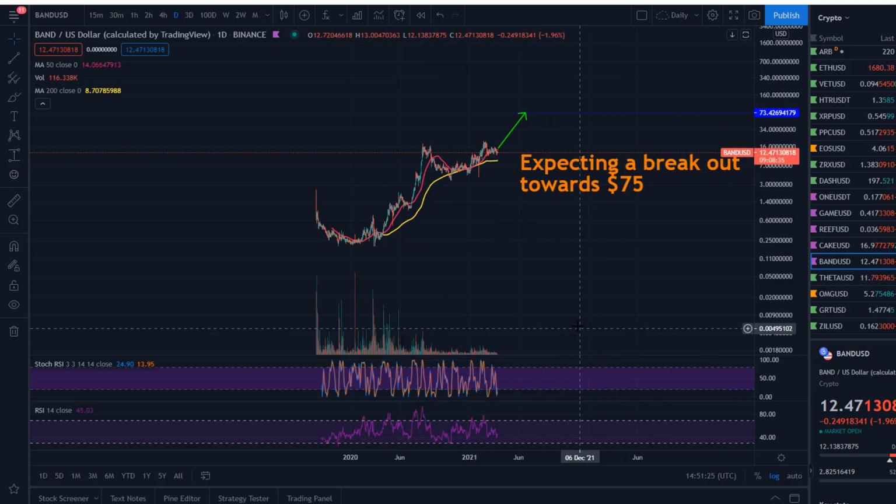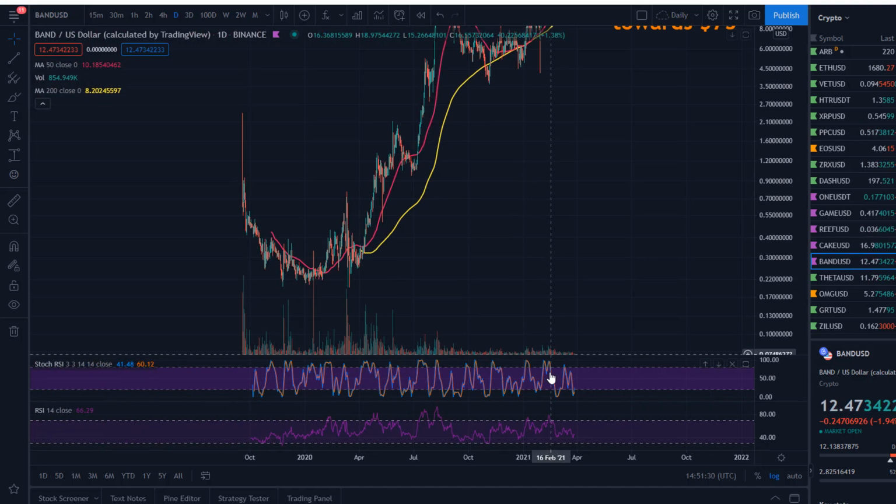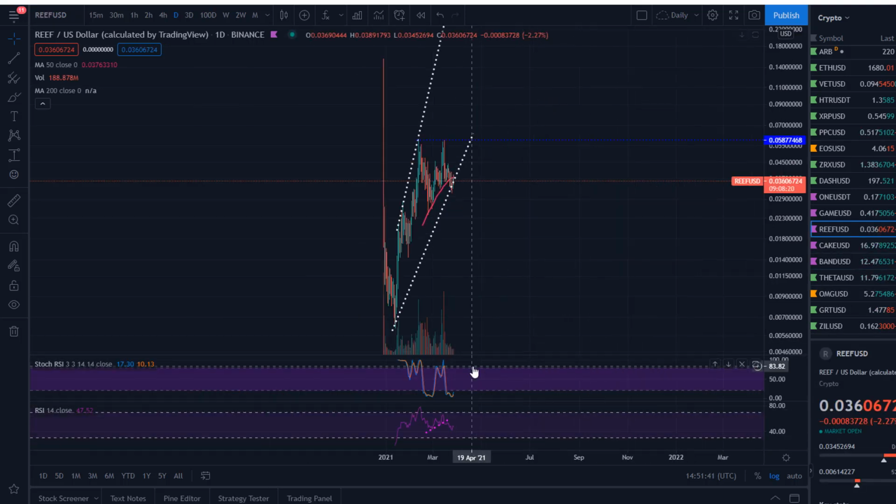So why not? Once again, I am looking in Reef and in Band for an increase in volume. That would be a bullish indicator for me. There's not really much showing me in the way of volume spikes. Like here was the fake out.